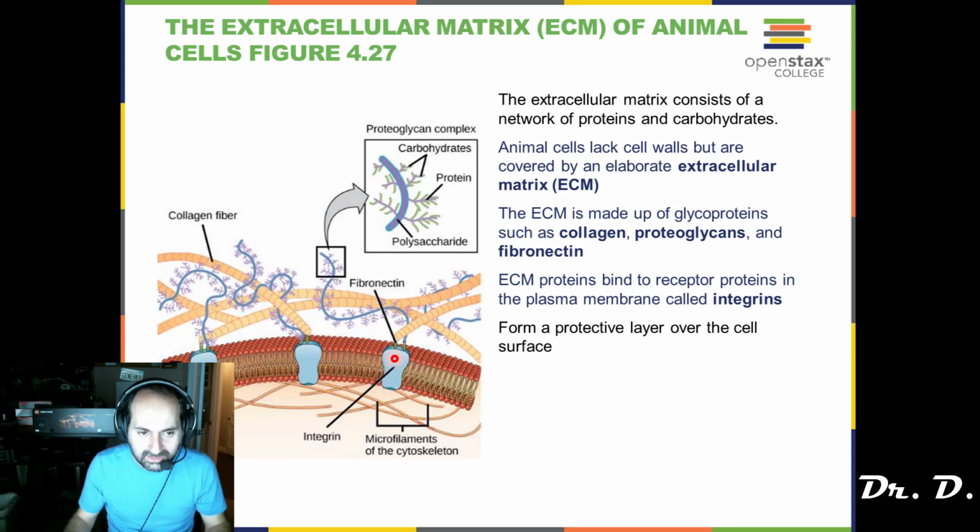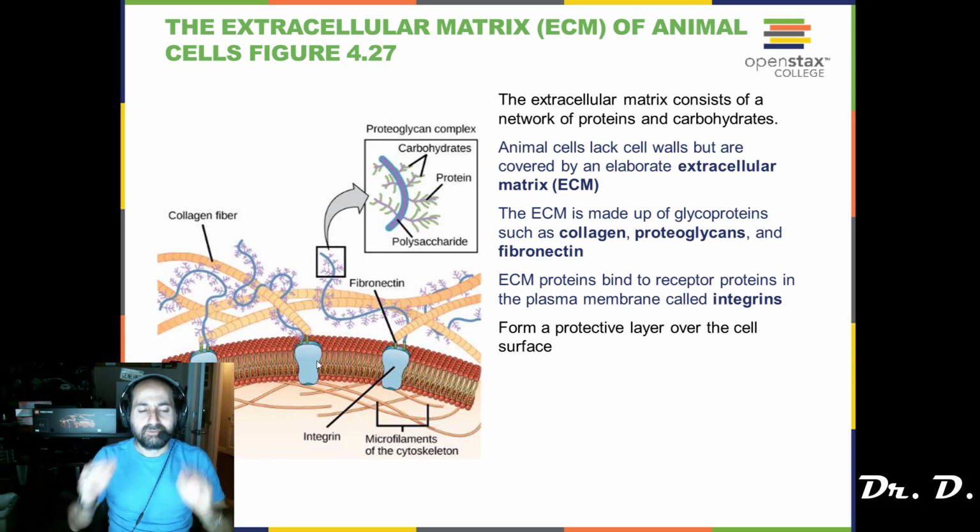And integrin not only connects to the fibronectin and the collagen and the proteoglycan outside, it's also anchored to the microfilaments in the cortex inside. Remember, underneath the plasma membrane, you have the cortex, which is made up of the cytoskeletal component microfilaments, actin microfilaments. Those are connected to integrin, which is connected to fibronectin, which is also connected to collagen and proteoglycan complex.